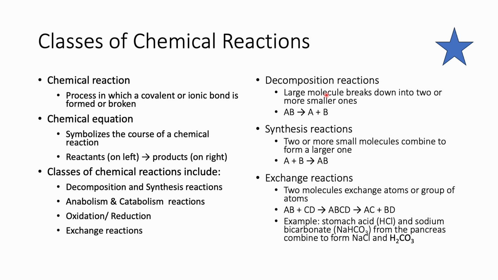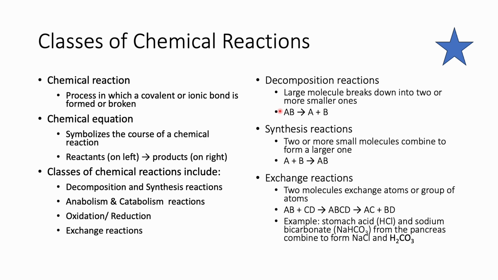So we take a large molecule, AB, and break it down into A and B. Think of when something is decomposing, it is breaking down into smaller components. We have synthesis reactions where two or more smaller molecules combine to form a larger one. So it's basically the opposite of decomposition. We're taking small A and small B, making a larger AB.